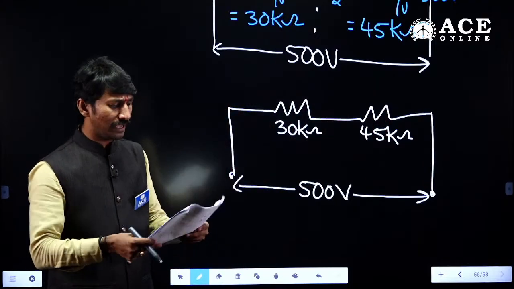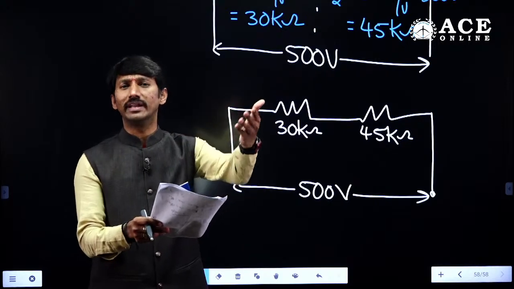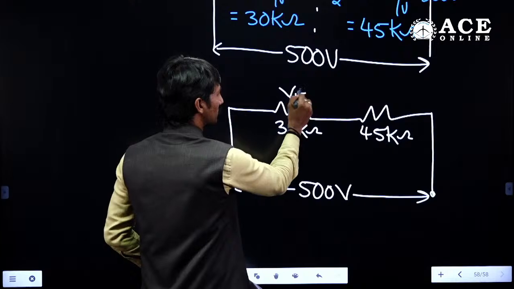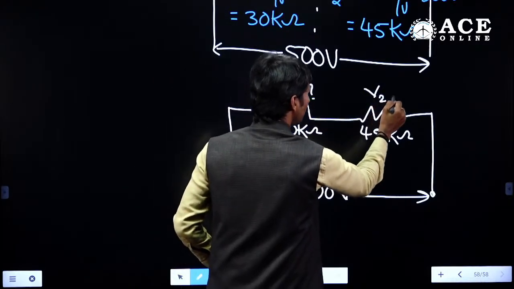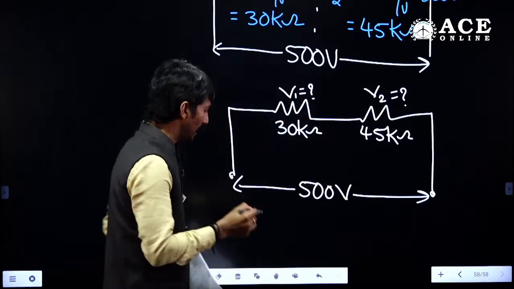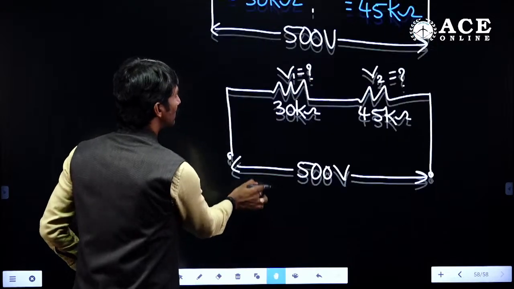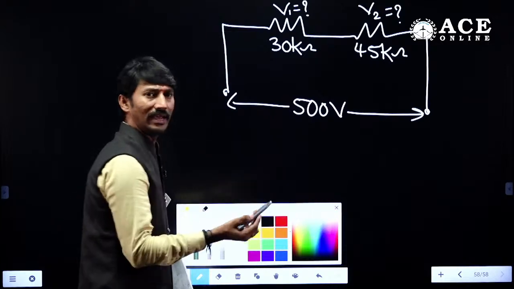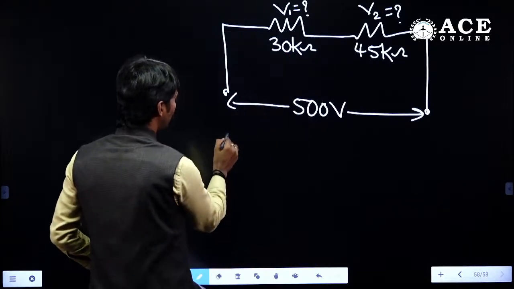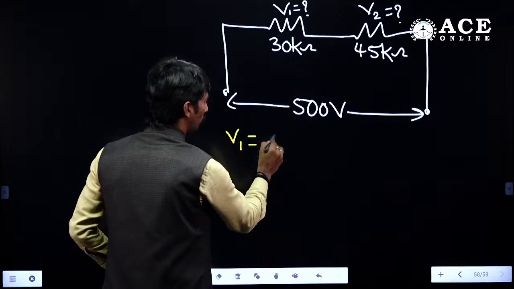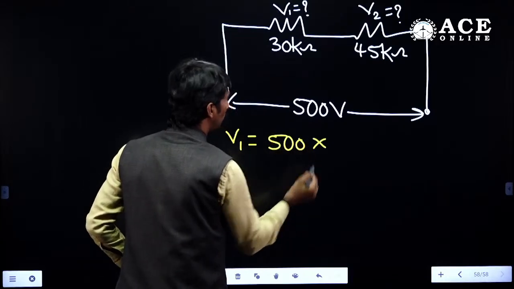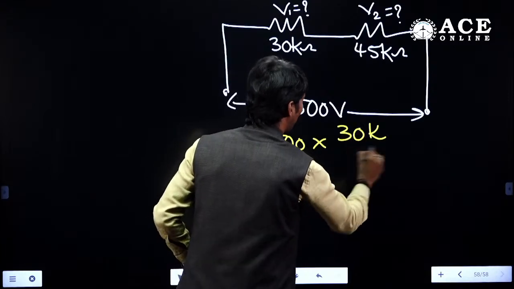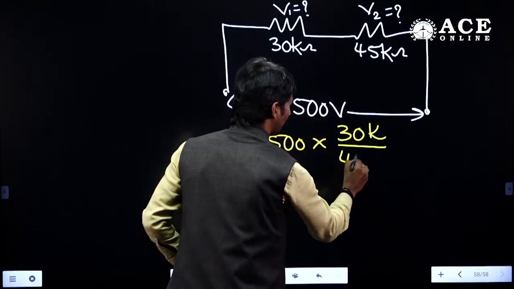If you see the option they have given, V1 reading, V2 reading, like that they have given. So what is the V1 reading and V2 reading? Simply apply the voltage division law. Then you will get the answers directly. V1 is equal to total voltage into, you are finding the voltage across 30K, so 30K by 30K plus 45K.